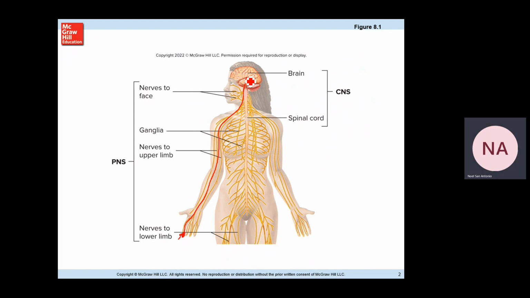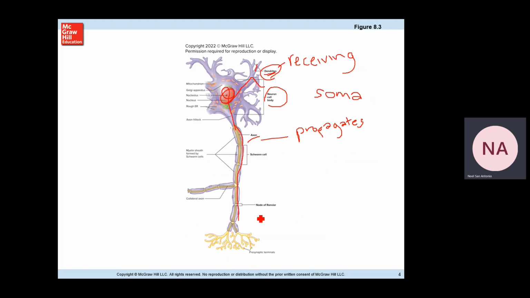Di ba? So it is actually an axon that makes up, yung ating mga peripheral nerves is actually made up of bundles of axon. So yun ang function ng axons natin. It propagates the action potential that travels going to other parts of the nervous system. Okay?